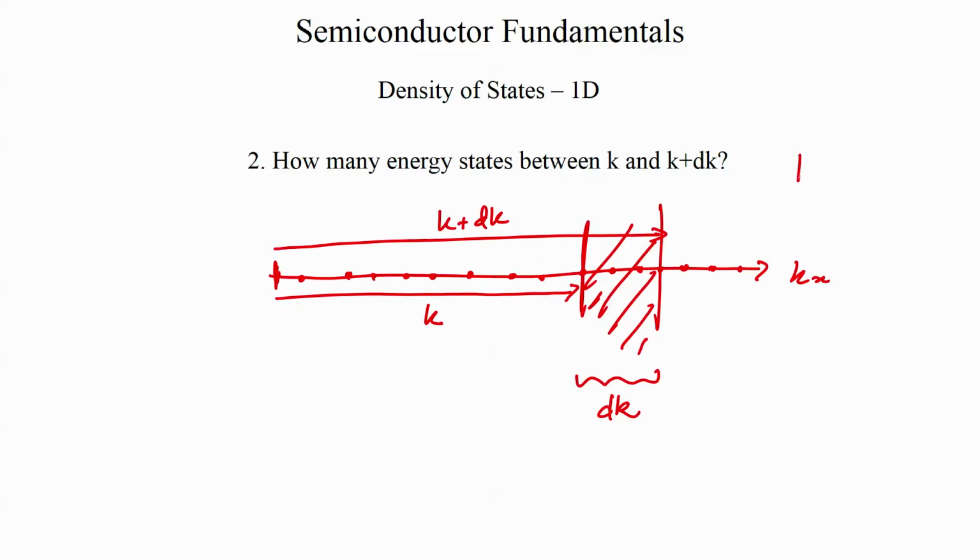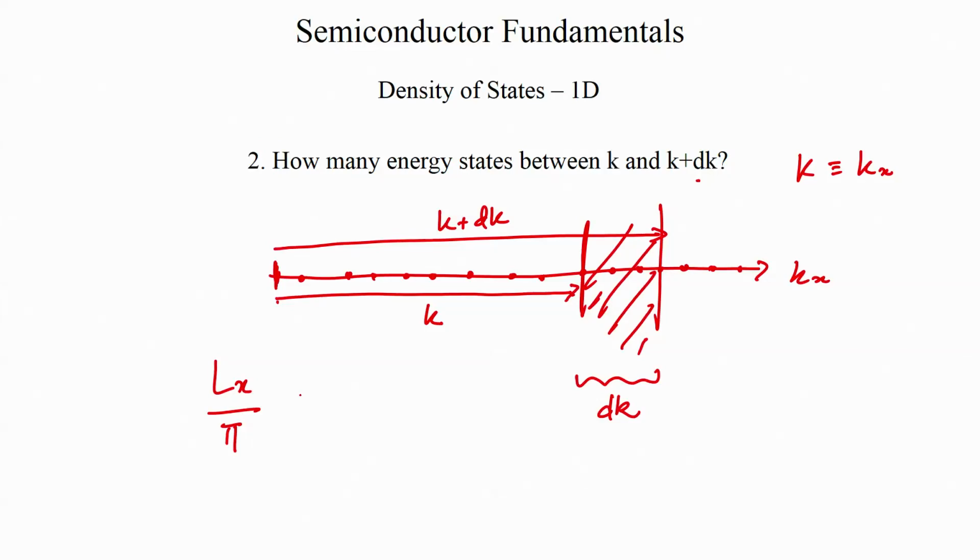Now k is simply kx, there is no ky or kz, so k is simply kx, and that is k plus dk, and this is k, and the region between them has a length of dk. We are trying to find out how many states exist between k and k plus dk. The number of states per unit length was already this, Lx by pi.